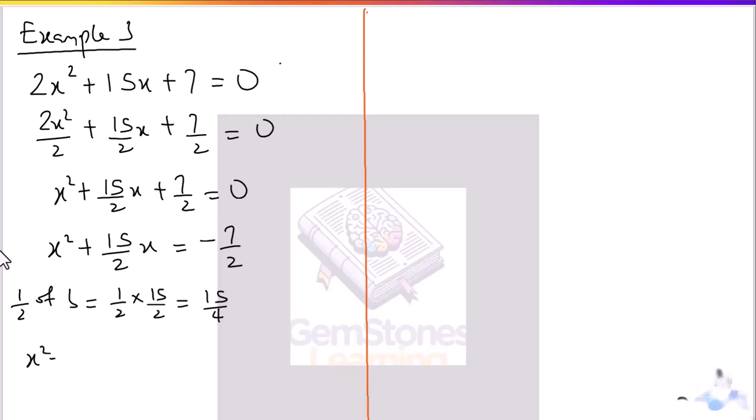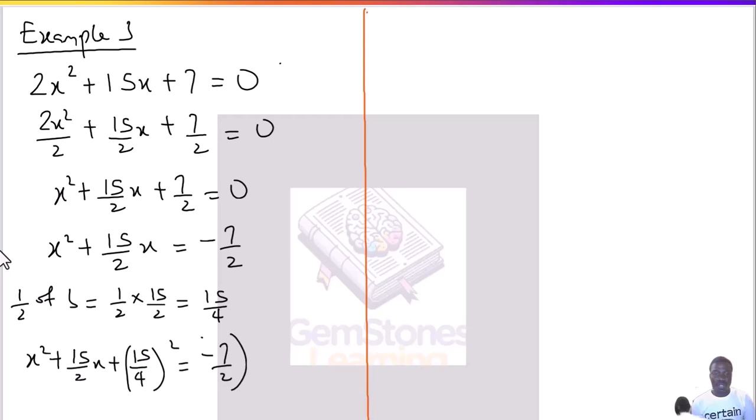Add the square of this to both sides. That becomes x squared plus 15 over 2 x plus (15 over 4) all squared is equal to minus 7 over 2 plus (15 over 4) all squared. Then factorize the left.